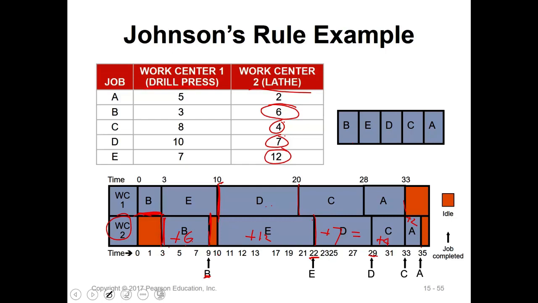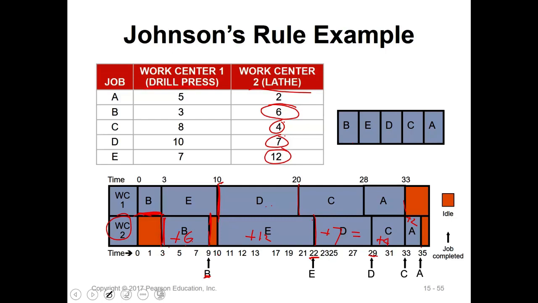Using Johnson's rule, you can assign multiple jobs to two machines or two technicians. The sequencing rule is to see which is the smallest number associated with work center 1 or work center 2.